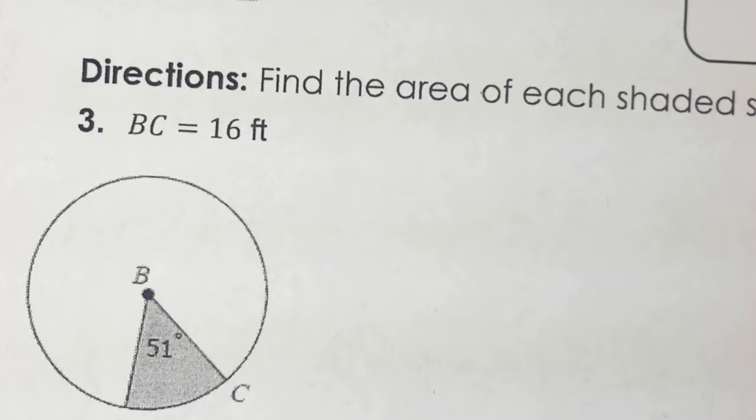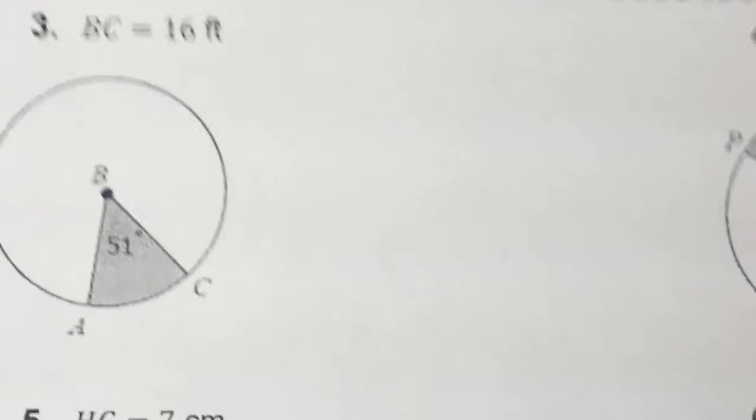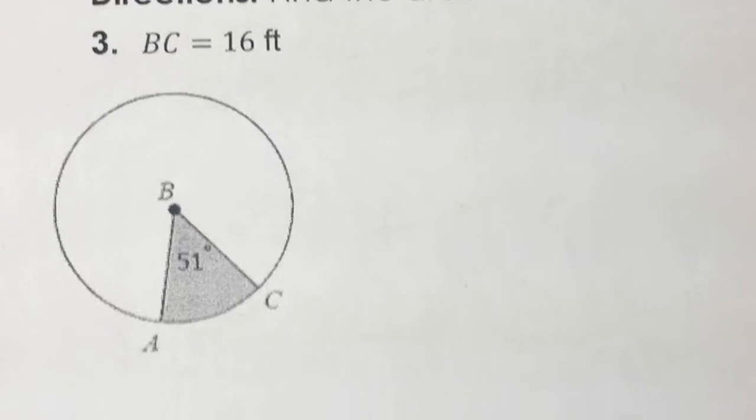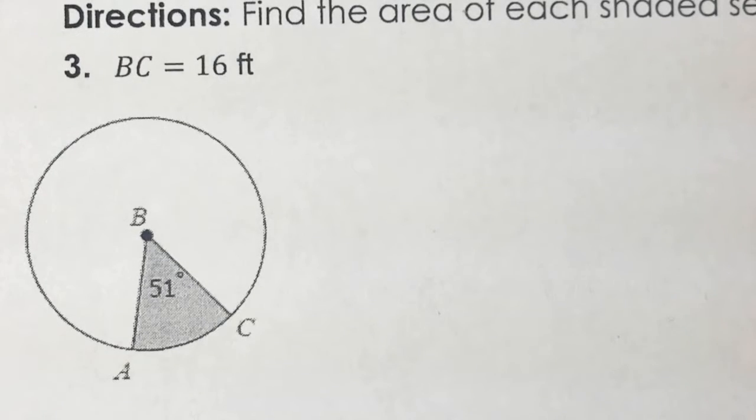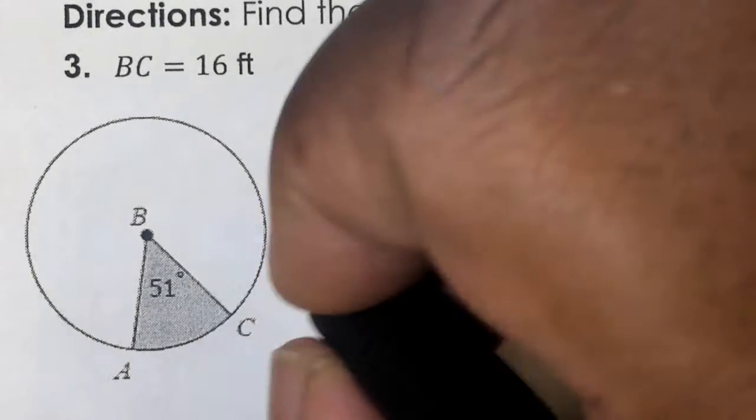Down here, find the area of each shaded sector, round to the nearest hundredths. This first one says BC is 16. What does BC represent for us? That's our radius. They're telling you that because you need a radius. And the angle of the shaded area is 51 degrees, so we're going to use that.